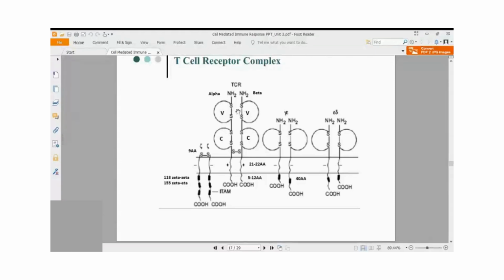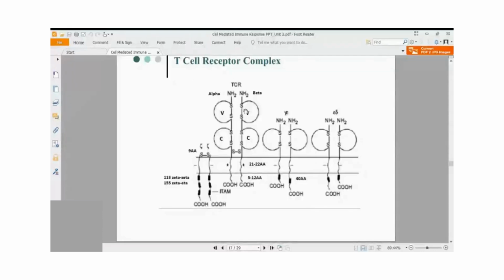The CD8 T cell has the possibility of having a receptor of alpha beta type or gamma delta type, but it will still be a CD8 T cell. And those cells which are helpful in the innate immune response, which become gamma delta T cells, will retain the gamma delta receptor as the major TCR, T cell receptor.